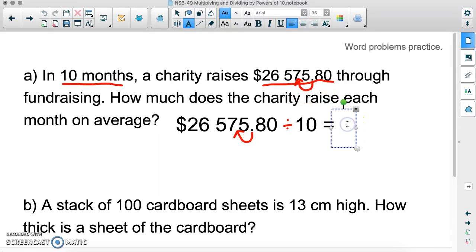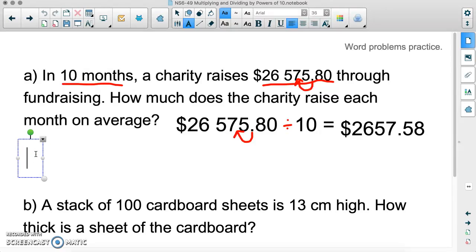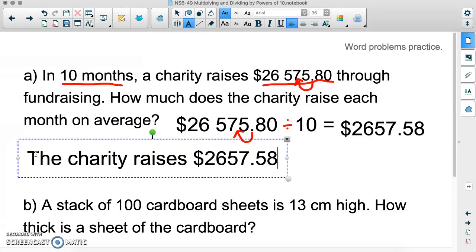So this is going to equal 2,657.58. So if we were putting this into a sentence, the charity raises $2,657.58 each month.